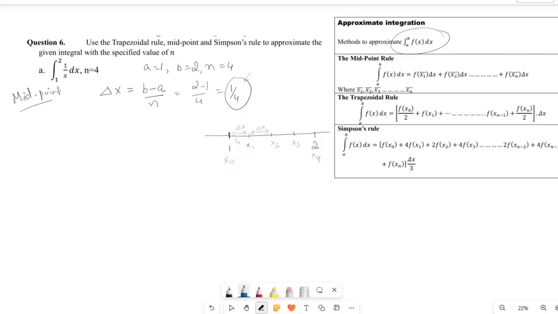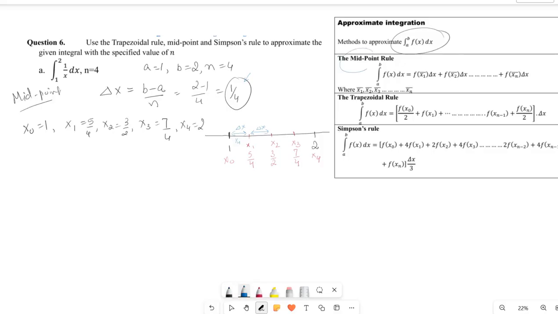When I add 1 by 4 to 1, I get 5 by 4. When I add 1 by 4 to 5 by 4, I get 3 by 2. And when I add 1 by 4 to 3 by 2, I get 7 by 4. So basically, x naught is 1, x1 is 5 by 4, x2 is 3 by 2, x3 is 7 by 4, and x4 is 2.